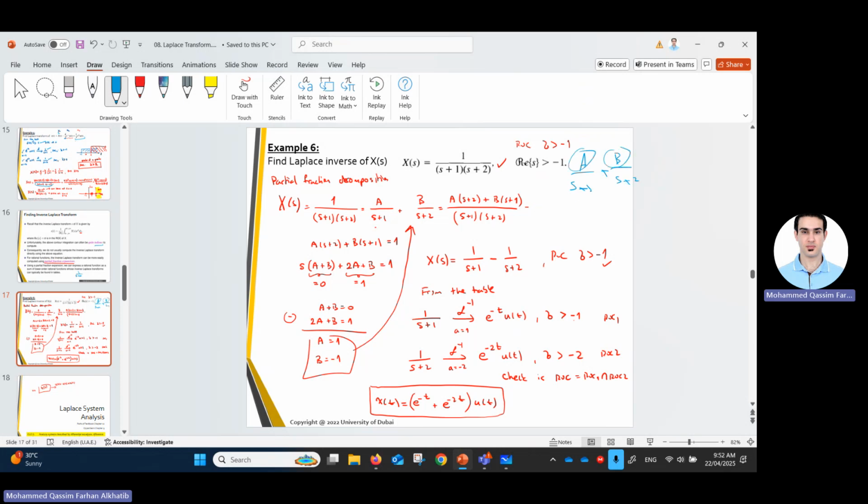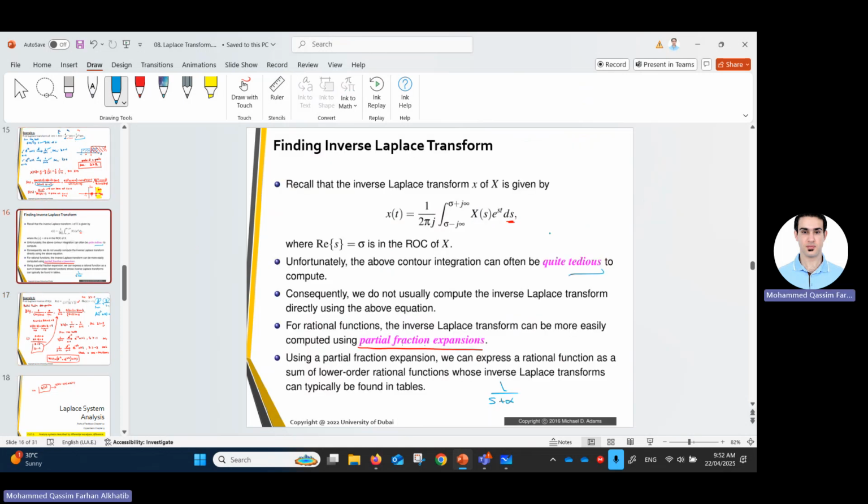Once you find them, this immediately is a e to the power minus t u of t plus b e to the power minus 2t u of t. It is hard to find if you want to apply the integration. But doing it like this and applying the partial fraction expansion, it will be easier to do with the tables. Calculating this integral is not that easy.